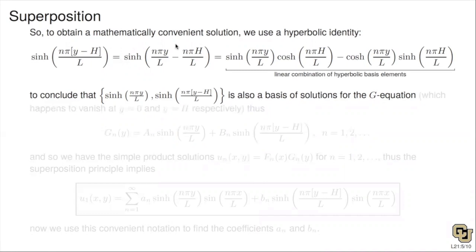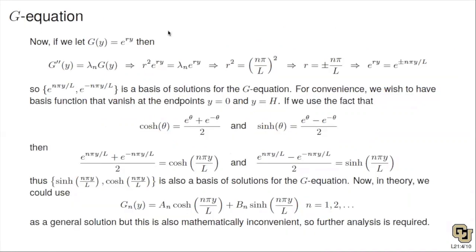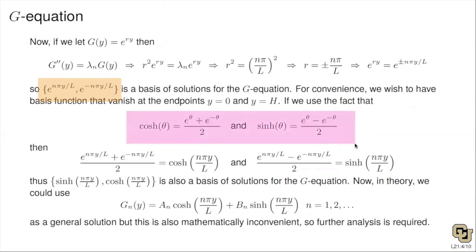So what I want to do now is just go back one slide here and just big picture. Here, we should have written it as a linear combination of these functions. We said, oh, that's not nice. That's not mathematically convenient yet. What we want are terms that'll disappear when you plug in 0 or h. So then we said, okay, so let's try cosh and sinh.